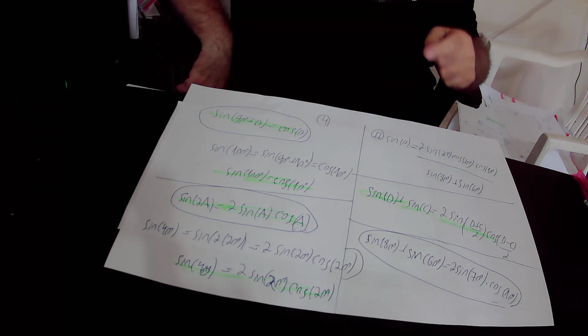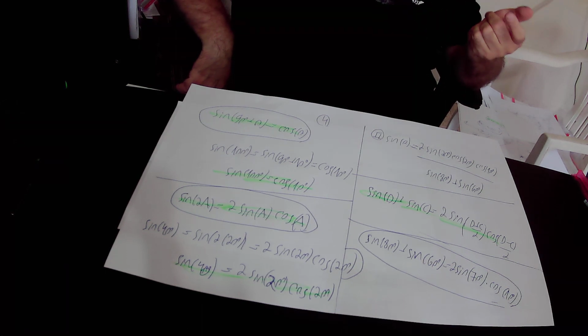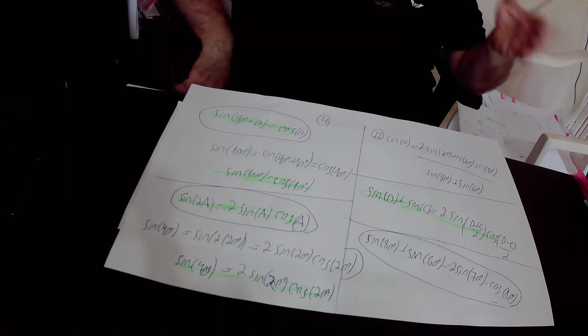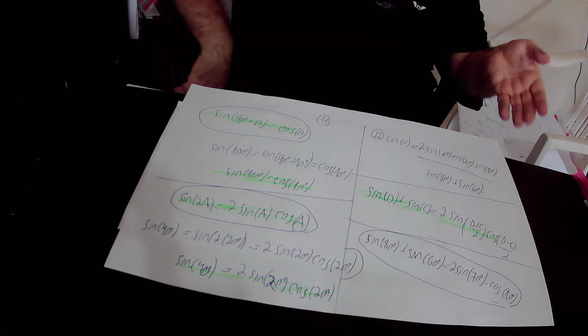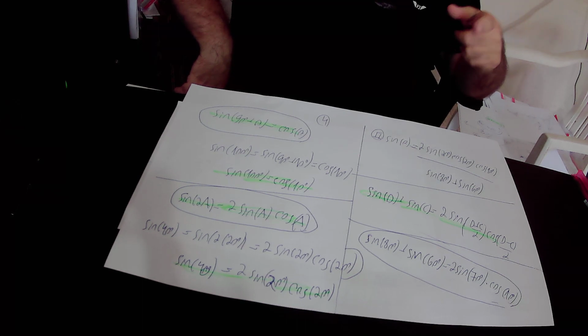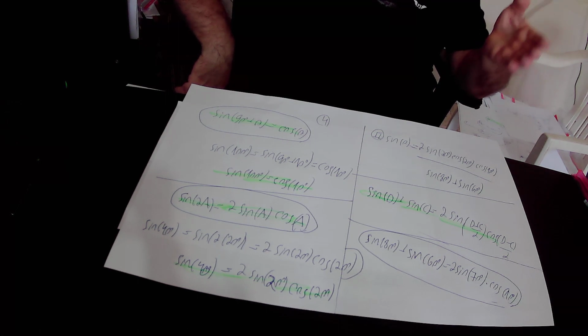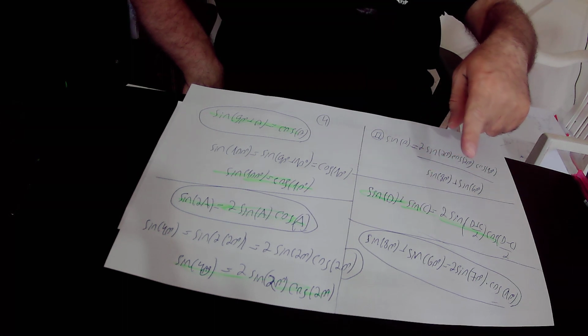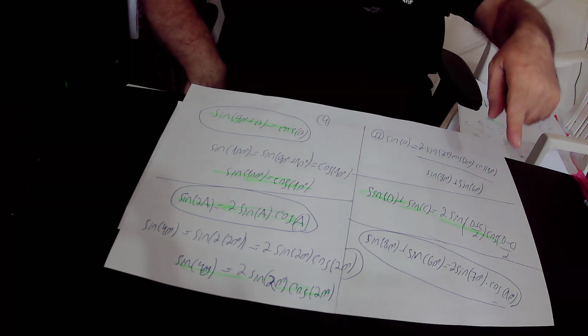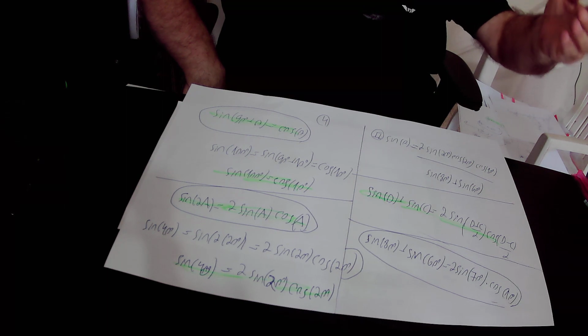According to this identity, sine 80 degrees plus sine 60 degrees equals 2 times sine of d plus c over 2: 80 degrees plus 60 degrees is 140 degrees, and 140 degrees over 2 is 70 degrees, times cosine of d minus c over 2. D minus c is 80 degrees minus 60 degrees, that is 20 degrees, and 20 degrees over 2 is 10 degrees. So in conclusion, sine 80 degrees plus sine 60 degrees equals 2 times sine 70 degrees times cosine 10 degrees.